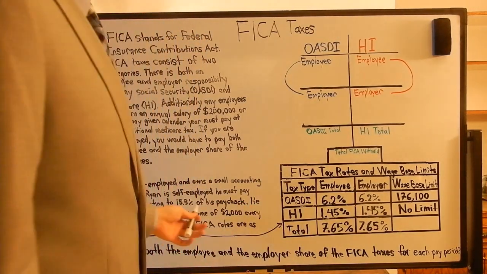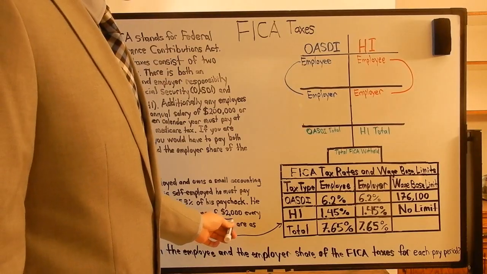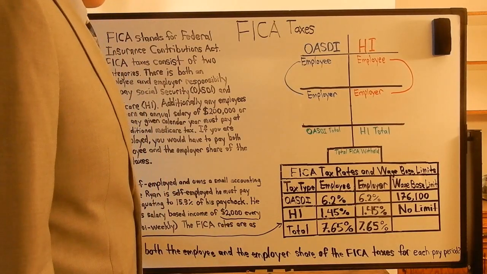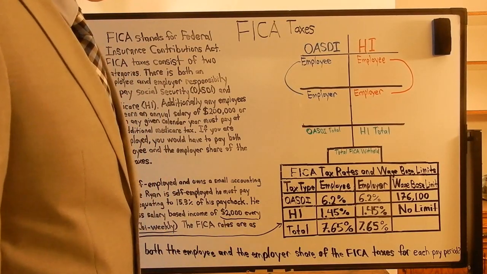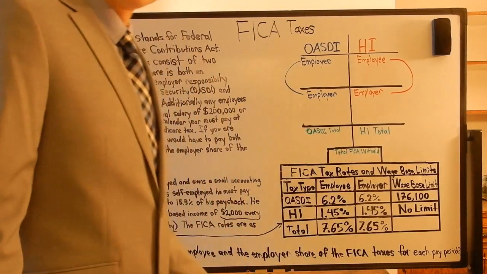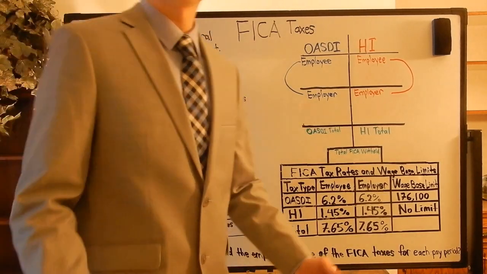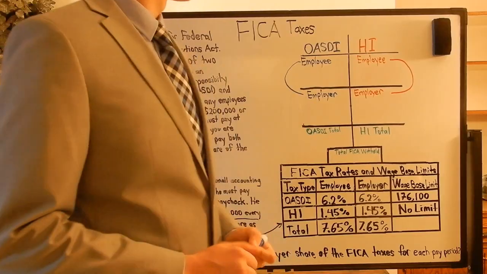So, here Ryan makes $2,000 every 2 weeks, which is a bi-weekly pay schedule. Firstly, we will calculate our OASDI.